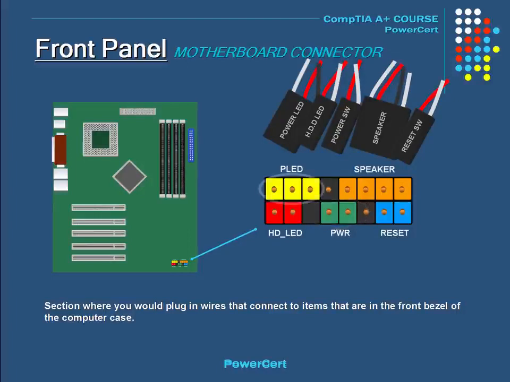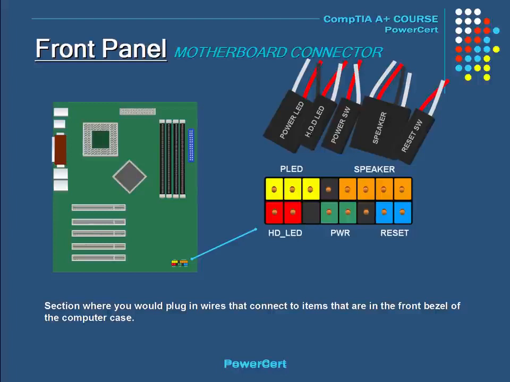There's also the power LED, which indicates when the computer is on or off or in standby mode. There is also the hard drive LED, which indicates when there is hard drive activity. And there is also the reset switch, which restarts the computer by doing a hard boot. And there's also a speaker connector, which is used to plug in the internal speaker of the computer.